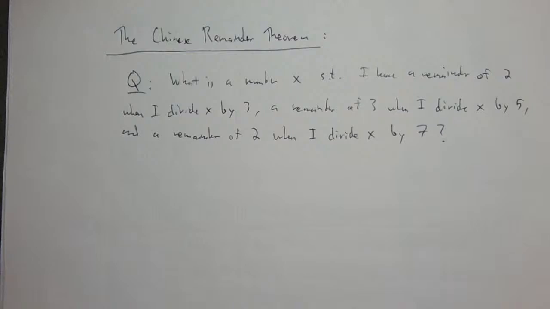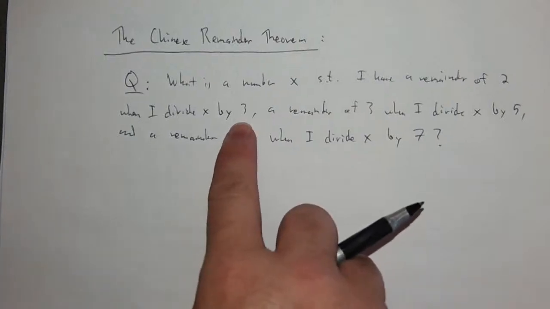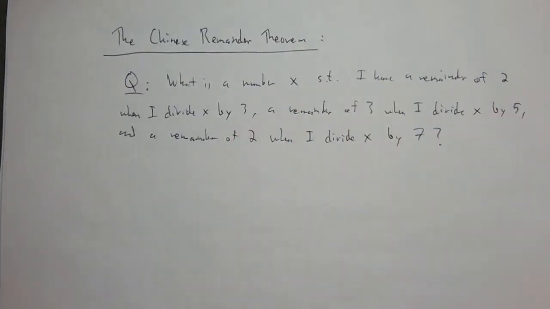So I'm looking for an integer x such that when I divide it by 3, I have a remainder of 2. When I divide it by 5, I have a remainder of 3. And when I divide it by 7, I have a remainder of 2.